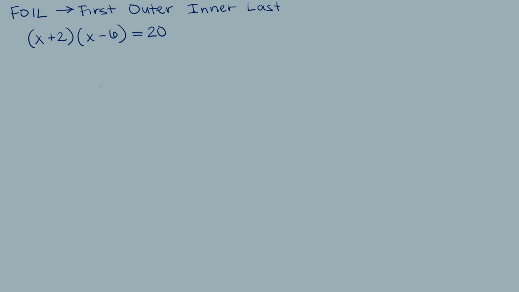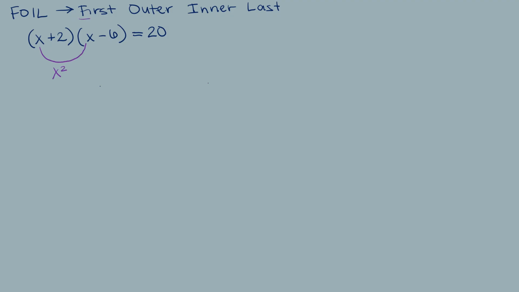We don't want it equal to 20. It's just a little cleaner and helps simplify it out. Okay, so first is these first variables, we'll just call them that for now. So it's going to be x times x, which gives us x squared.